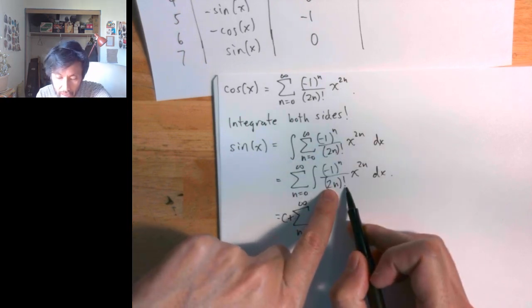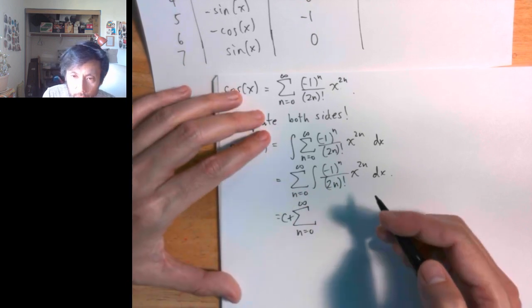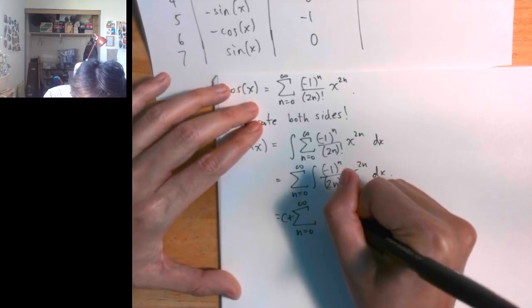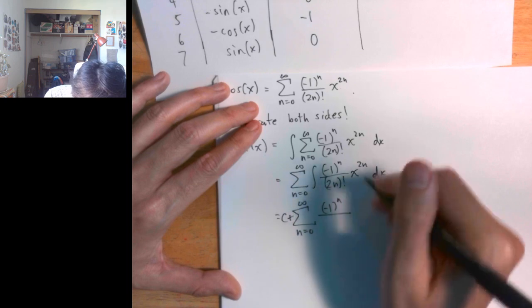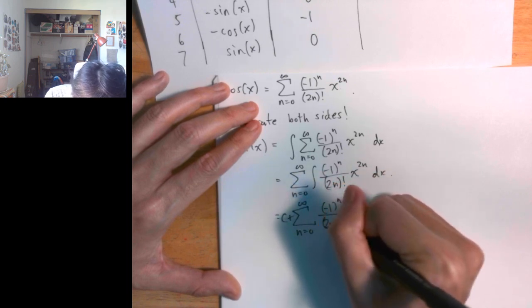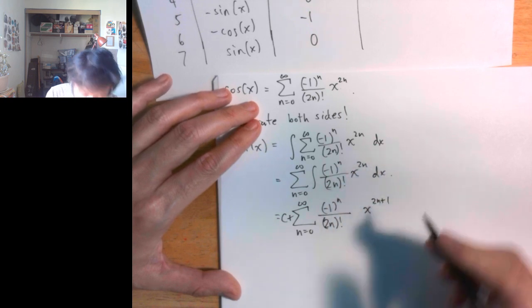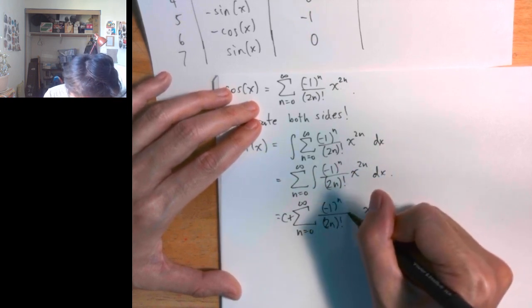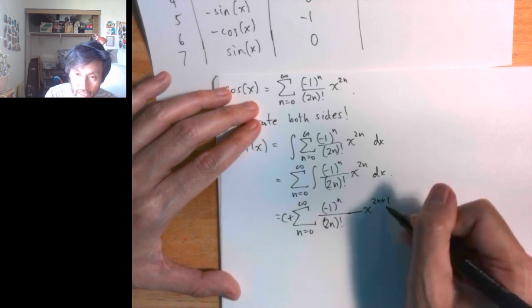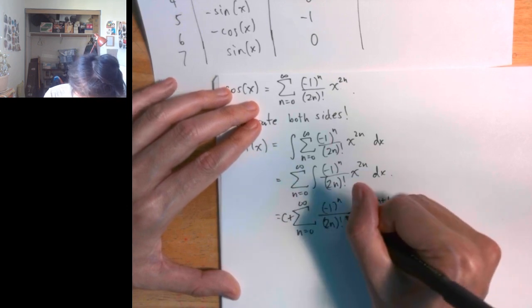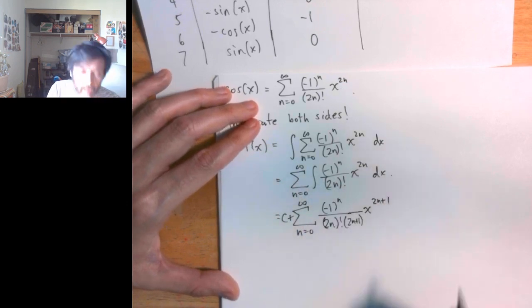It doesn't depend on x. This guy here we can just integrate using the power rule. So what we get is negative 1 to the nth power divided by 2n factorial. And then here we're going to increase the exponent by 1, and then we're going to divide this thing by 2n plus 1. Is that clear?